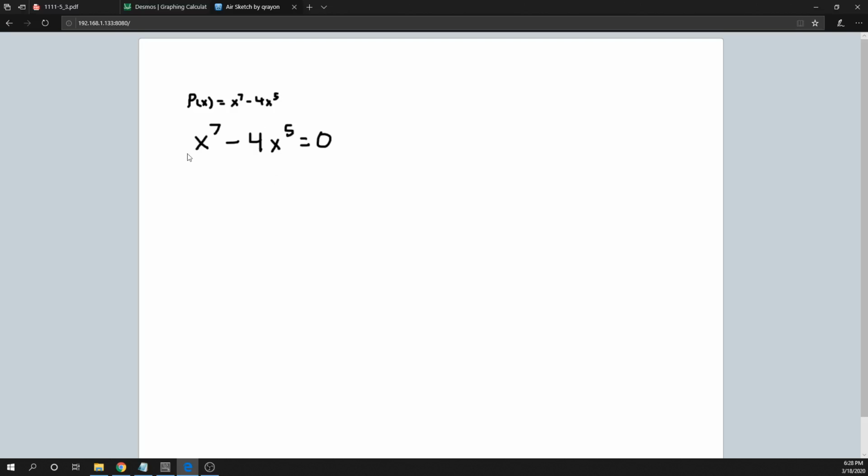Looking at this polynomial, I want to try and factor it, and the first step in factoring is always to factor out the greatest common factor. This has two terms, and those two terms have x's in common. They all have at least 5 x's. So we're going to factor out x to the 5th power.